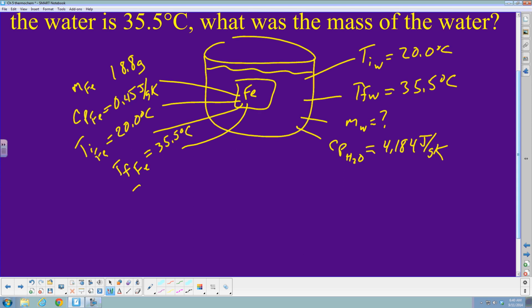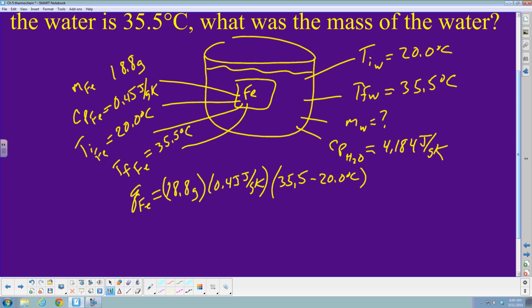Let's calculate Q iron. Q iron is equal to m, 18.8 grams, C sub P, 0.45 joules per gram Kelvin, delta T. What's my T final? 35.5 minus 20.0 degrees Celsius.